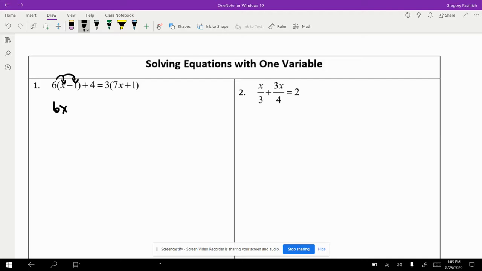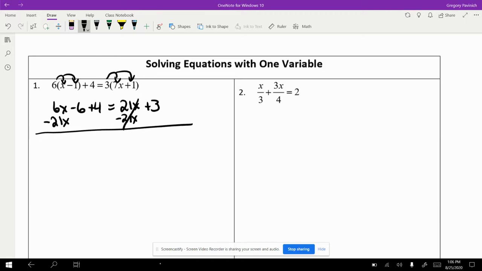So I get 6x minus 6 plus 4 is equal to, distribute again, 21x plus 3. Got variables on both sides, so I'm going to subtract the 21x over, reduce these out, bring anything that I didn't work with. I can combine these like terms right here.